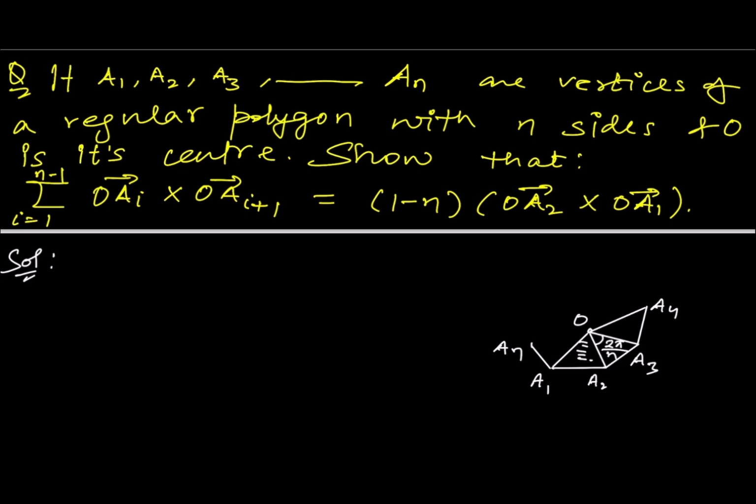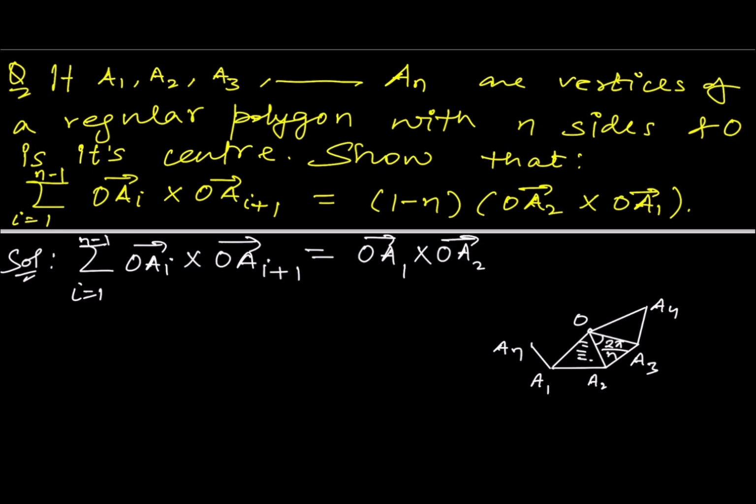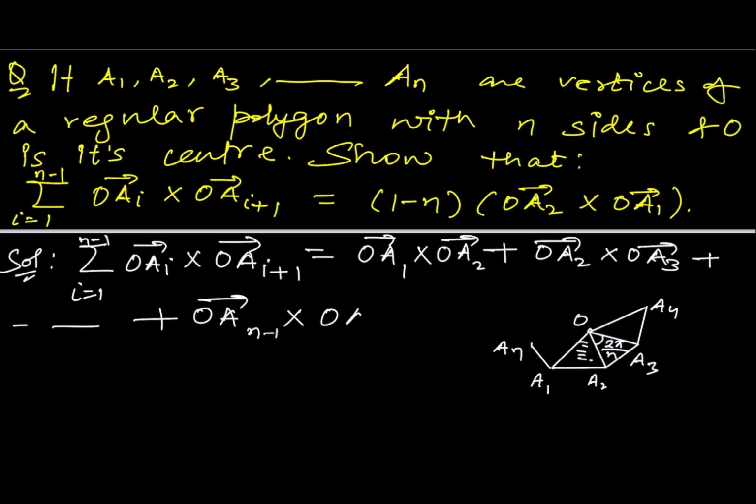From given, that is summation OAi vector cross OAi plus 1 vector, where i is equal to 1 to n minus 1. If I expand this, it will be written OA1 vector cross OA2 vector plus OA2 vector cross OA3 vector plus, and so on, plus OA n minus 1 vector cross OA n vector, right?